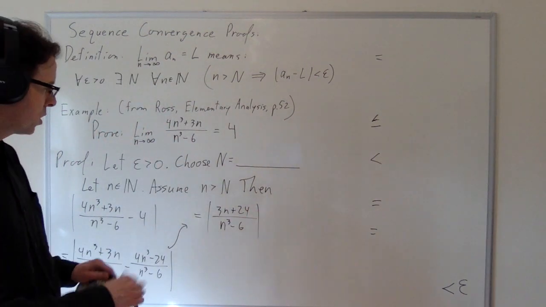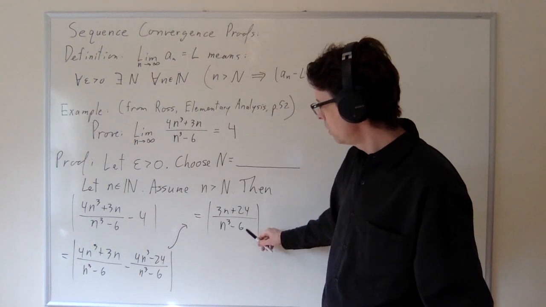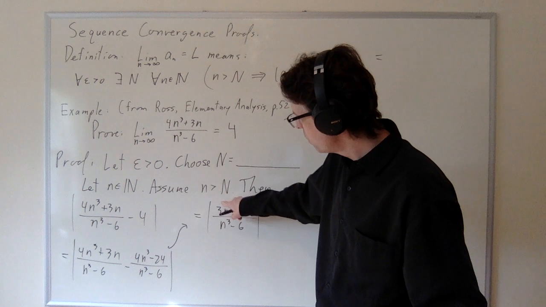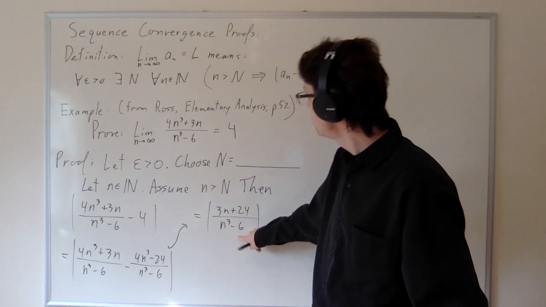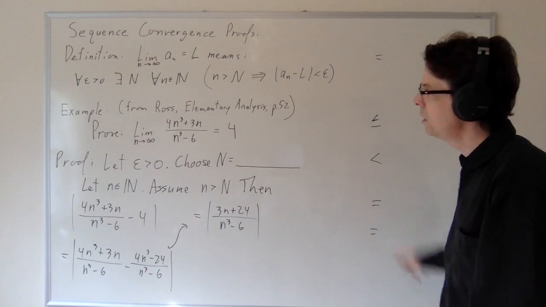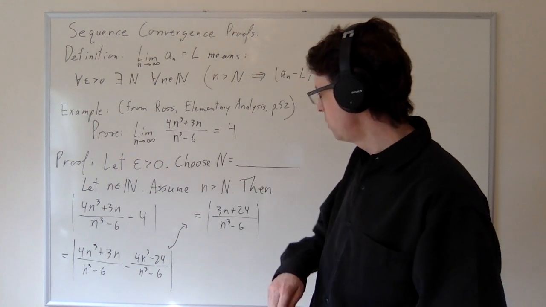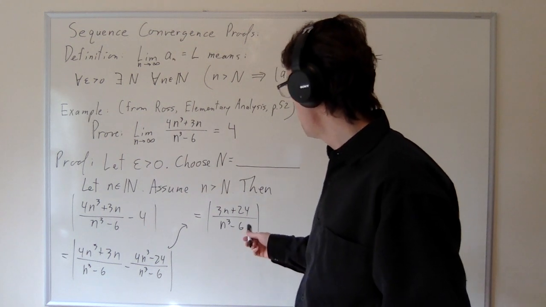Now, when we have a look at this term, we'll notice that the numerator has a 3n, and the denominator has an n cubed. And 3n is going to be a lot smaller than n cubed in general, which means this term is going to get small, which is good because we want it to be less than epsilon, and epsilon is just some number greater than 0. So this thing indeed should be getting small, and that's the behavior that we're hoping for.